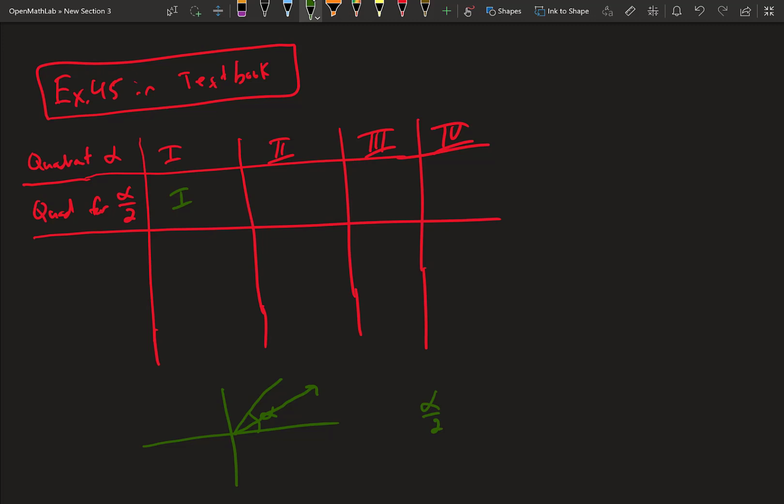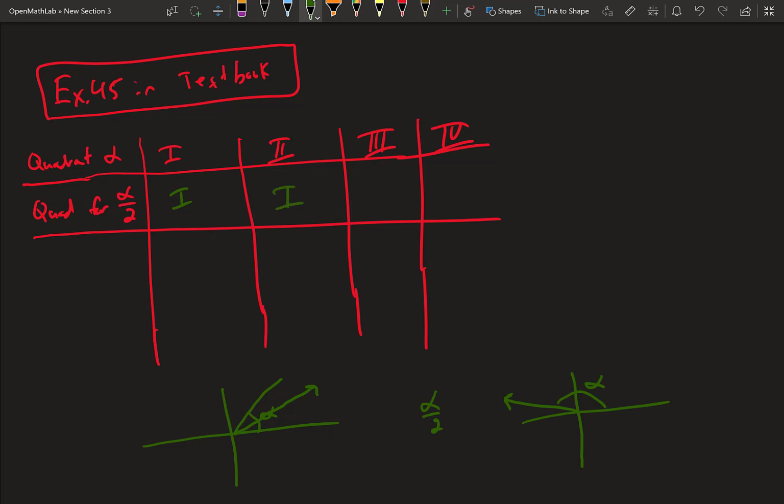And then if I think about an angle in quadrant 2, let's say this is alpha, then what quadrant would alpha divided by 2 be in? The biggest that I could get would be like 179 degrees, since it would be less than 180 degrees in quadrant 2. If I take that answer and divide it by 2, in other words, alpha divided by 2, I'm going to be in the first quadrant.